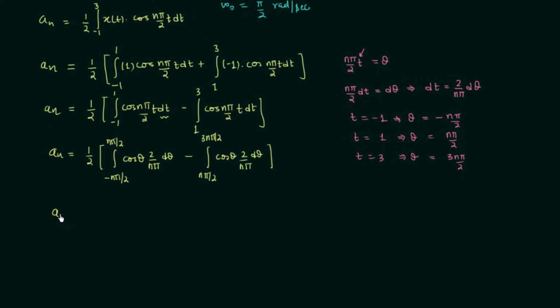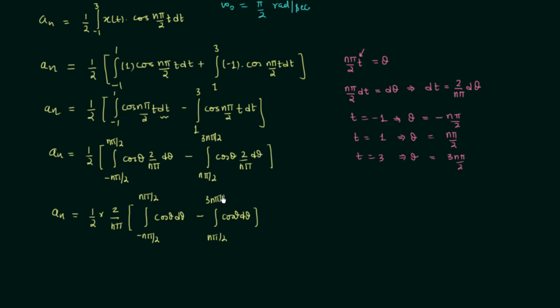So we have a_n equal to 1 by 2 multiplied by 2 over n pi, which is the common term in both the integrals, and inside the bracket we have integration minus n pi by 2 to n pi by 2 cos theta d theta minus integration n pi by 2 to 3n pi by 2 cos theta d theta.